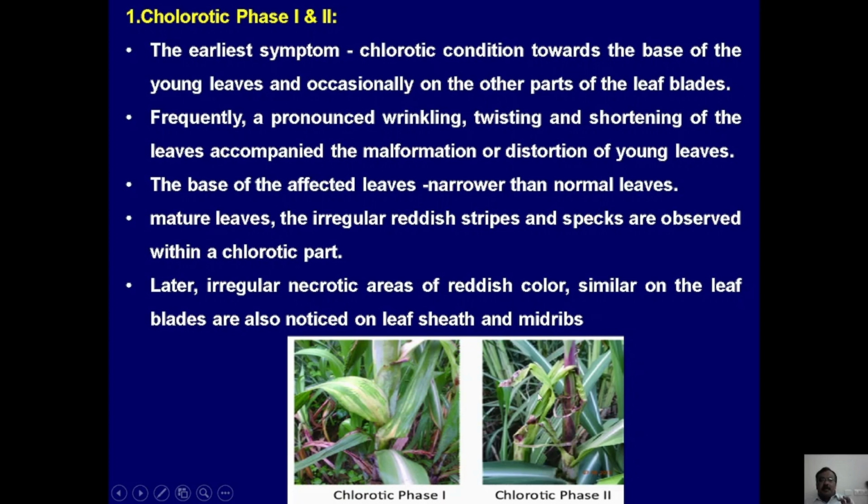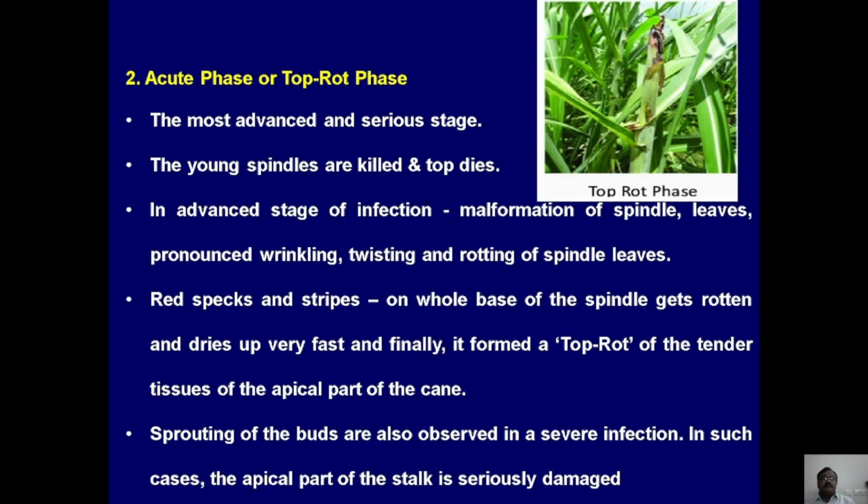Affected leaves become narrower than normal leaves, and in the matured leaves it produces irregular reddish stripes or specks within the chlorotic area, and later these necrotic areas turn reddish in color. Similar specks or streaks could also be seen on leaf blades as well as on the leaf sheath and midribs.